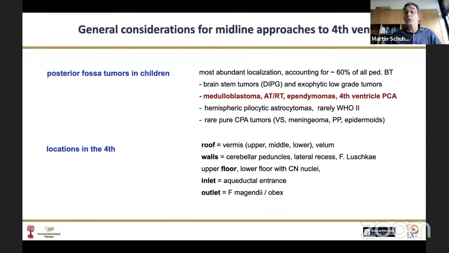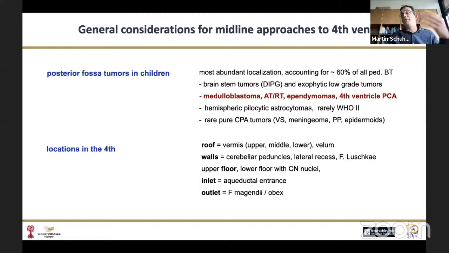So that's the roof, which is the vermis, and we have the lower, the middle, and the upper vermis. And then in the very top, in the very end, the velum. We have the walls of the fourth ventricle, which basically are the three cerebellar peduncles, the lateral recess, which ends in the foramen Luschka as the door to the CPA. We have the upper floor.